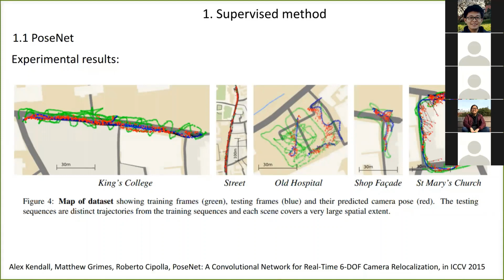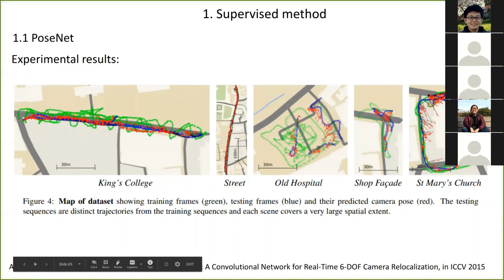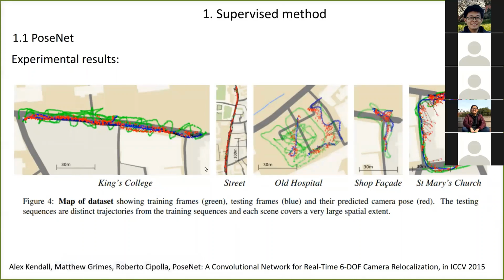So one important reason is that you see the distribution of the training and testing is actually very similar, like this sequence, and this sequence. We can easily get some of the results close to the ground truth, right? And here, here, and here.